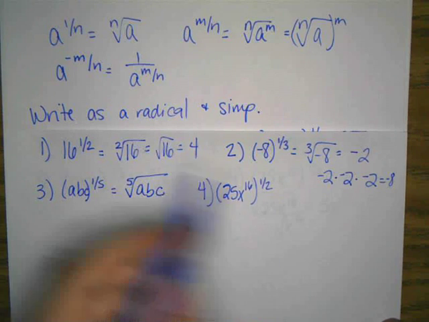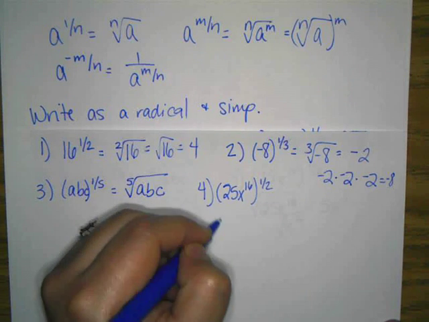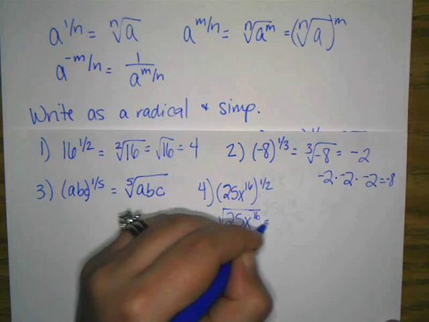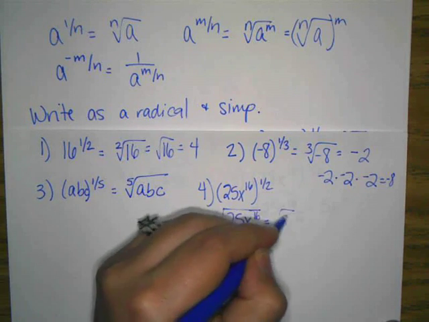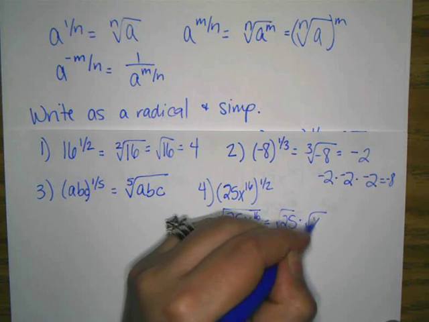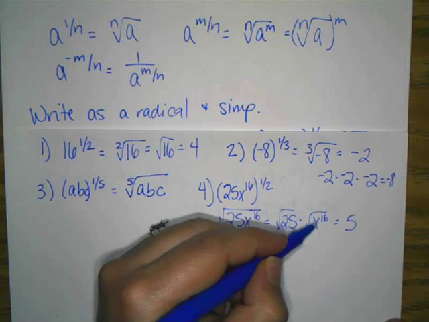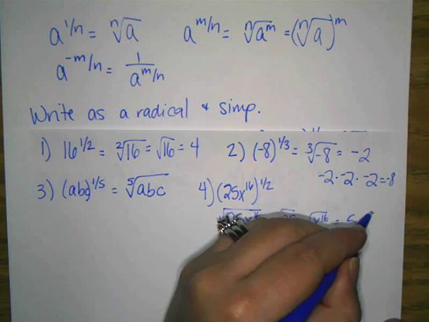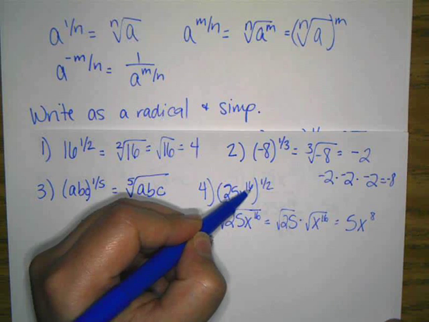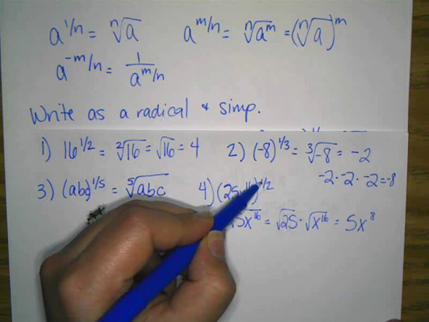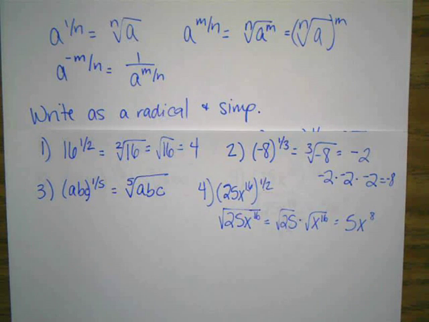And so you can do this, change it all to the square root first, square root of 25x to the 16th. And you can even break it up into the square root of 25 times the square root of x to the 16th if you'd like. Square root of 25 is 5. Square root of x to the 16th is x to the 8th. Here you can use our old multiplying rule, a power to a power, you multiply them. 16 times 1 over 2 is 8.